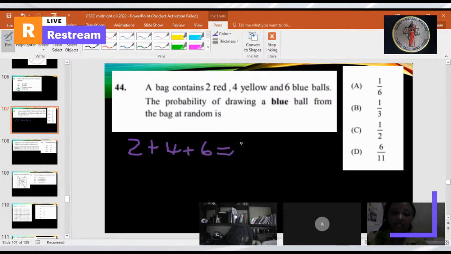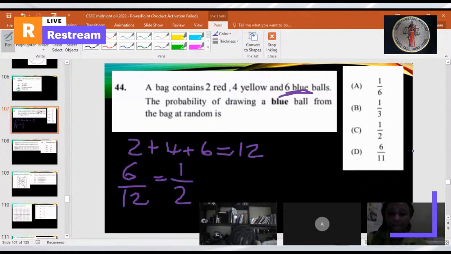That's 12 balls in all, and 6 of them are blue. So probability is 6 over 12, or 1/2. Which letter is that? C.